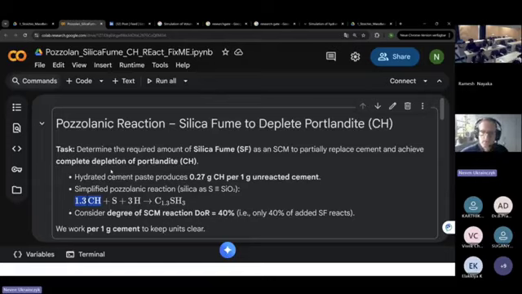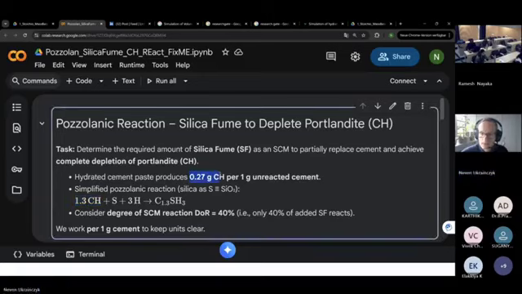And for that, you start with the Portland cement. Hydrated cement paste has 27% of portlandite. This is a typical value.